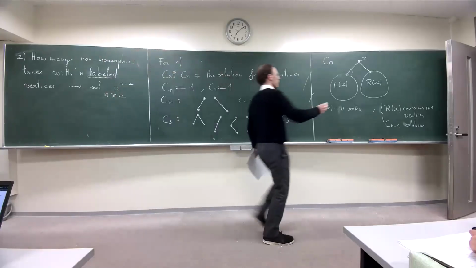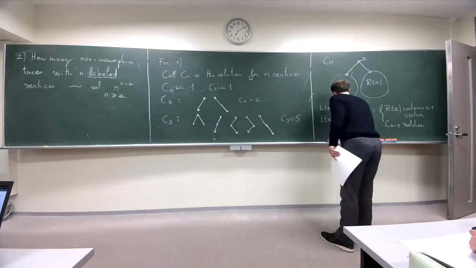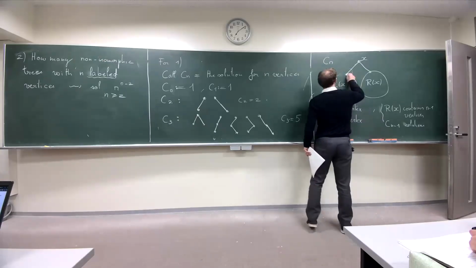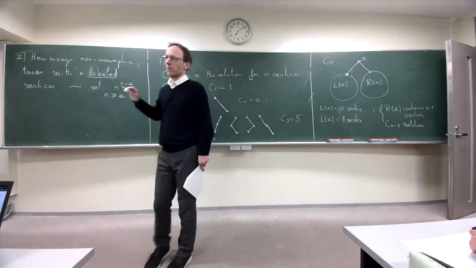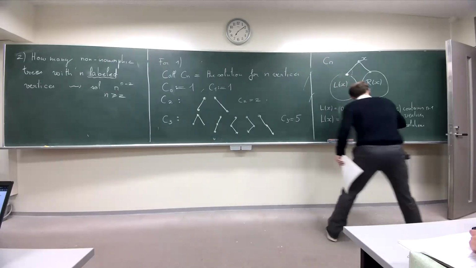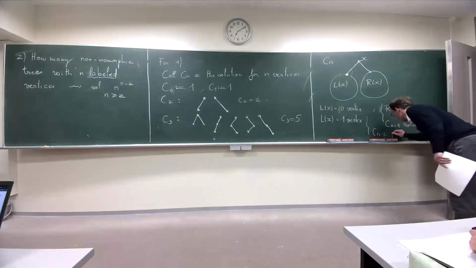Now I can also have L of x with 1 vertex. So now I have only one vertex here, and on the right, I have n minus 2. So if L of x is 1 vertex, on the right we have Cn minus 2 possible trees.